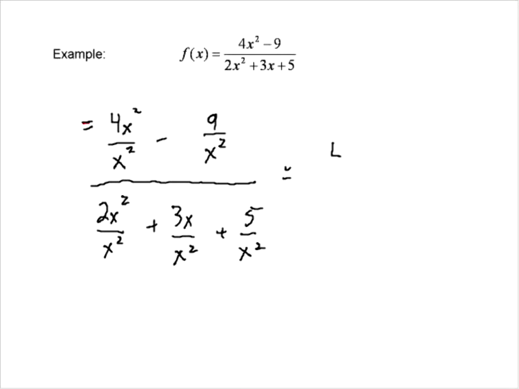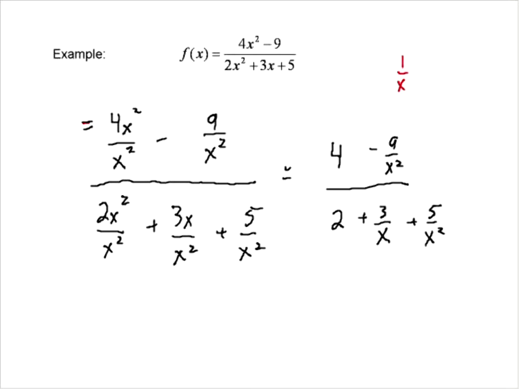Now when we simplify this, 4x squared over x squared just becomes 4. Negative 9 over x squared stays the same. Can't simplify that at all. Bottom, we're going to have 2 plus 3 over x, when we simplify that, plus 5 over x squared.